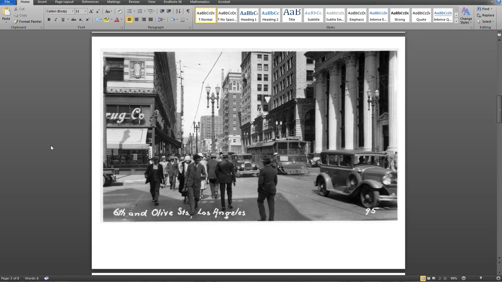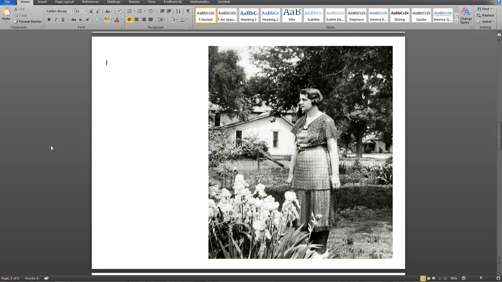You get a little bit of help because there is some text there that lets you know it is Los Angeles. You're seeing people walking, public transportation in the form of the trolley, some signage, some motor cars, things to look at. So again, just asking yourself, evaluating the image, what's present.